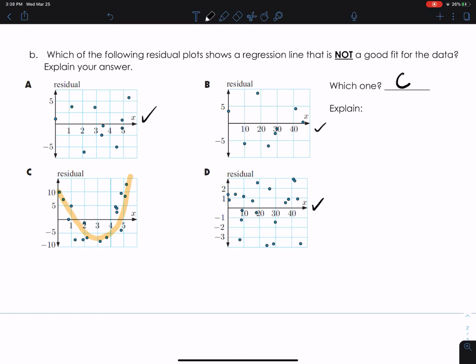And then for the explanation, I'm going to put it's curved.